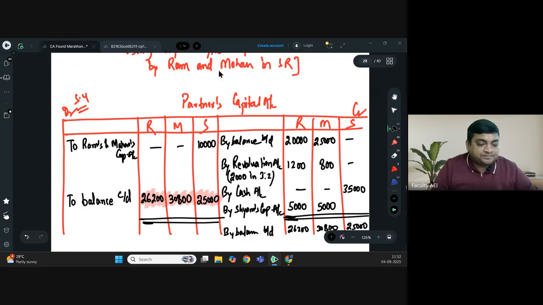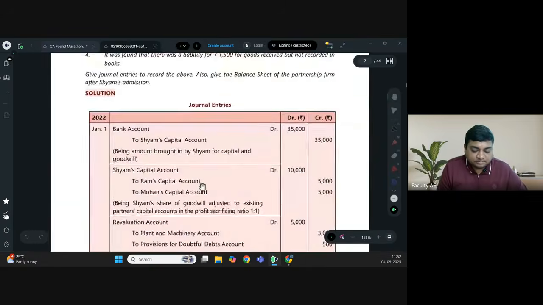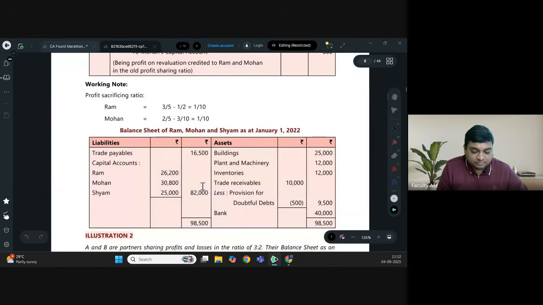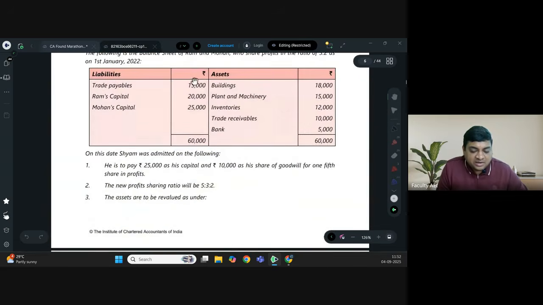Right? See, 26,200, 30,800, 25,000. This liability was 15,000, which will increase by 1,500.